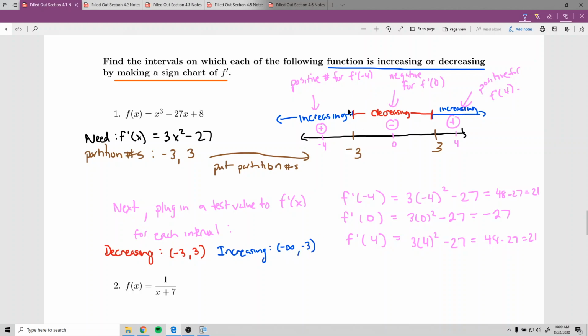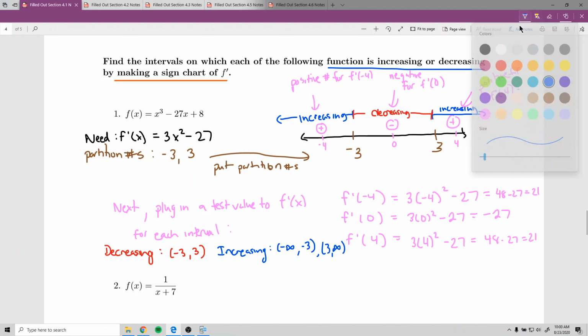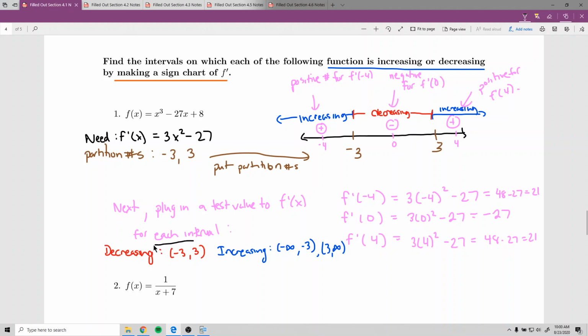Make sure you're using the partition numbers. And then it's also increasing from 3 to infinity. That's what this part of this question is asking. So this is really the only thing we want to answer with.